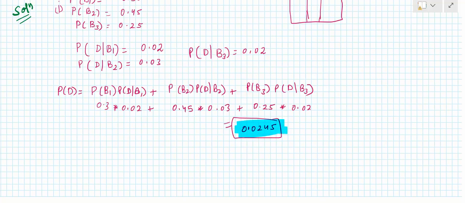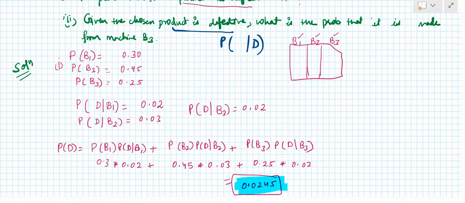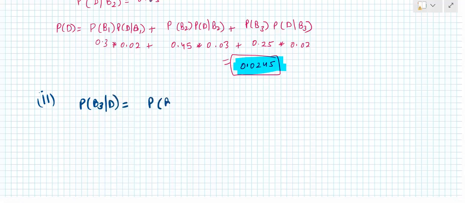Now, if we look at the second part, the product chosen is defective. What is the probability that it is made from machine B3? That is what is being asked. So we are asked the probability of B3 given D. We are going to use Bayes theorem here.